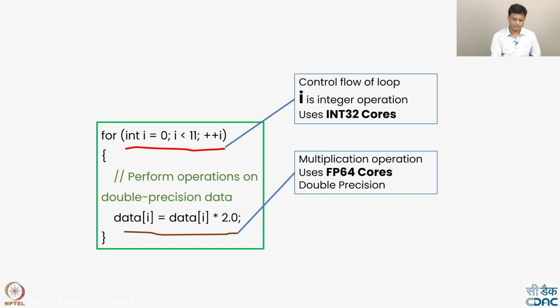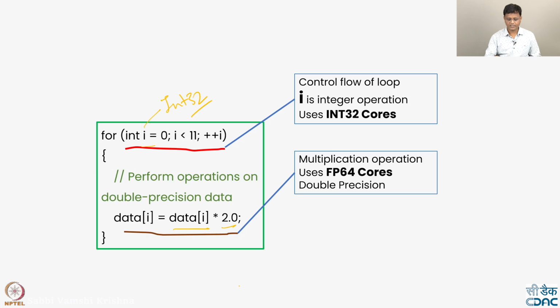First is the loop driver, that is int i, an integer type, and this will be processed by INT32 that I mentioned. At the same time, within that a multiplication operation is happening. When one data element of the array is multiplied by 2.0, this is a 64-bit unit I am assuming here, so an FP64 core is utilized for this operation.